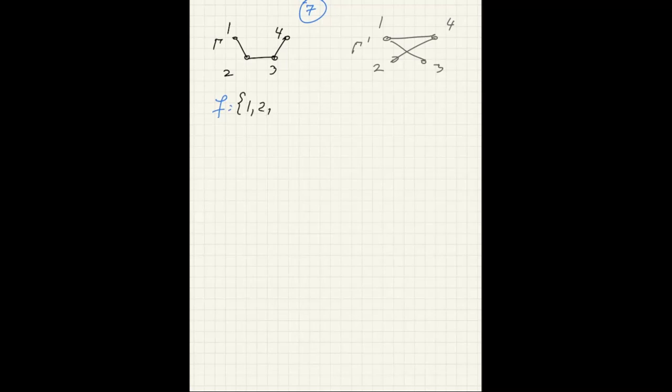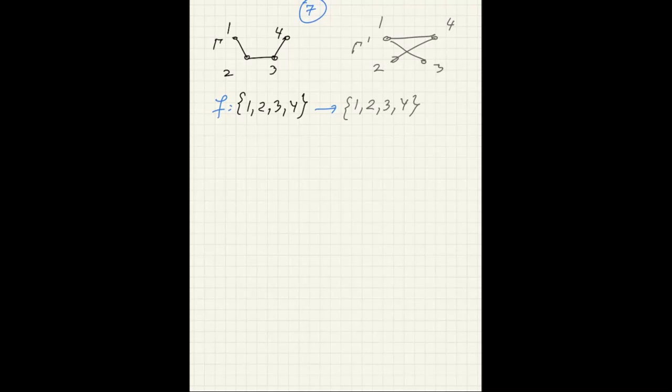So this is 1, 2, 3, 4, to the vertex set of gamma prime, which is 1, 2, 3, 4. You can put a prime here if it makes it easier to distinguish them, but it's not necessary. So it works for any labeling.